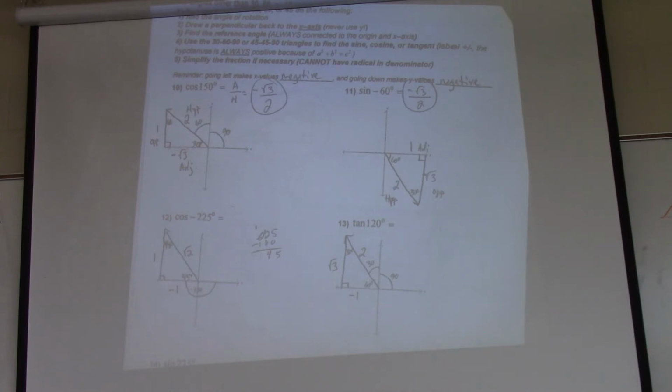So again, the angle you're using is always the one that's attached to the x-axis and the y-axis. It's always attached to the origin. So if you label your triangle from there, it becomes pretty easy.